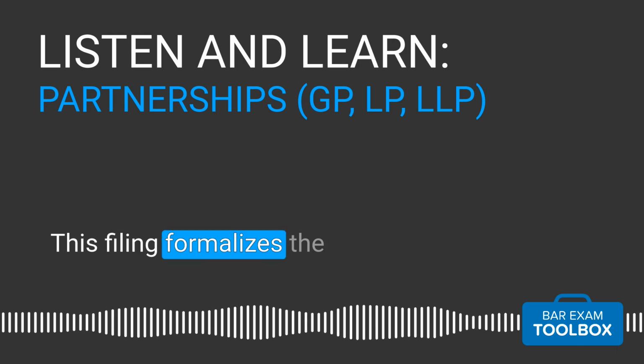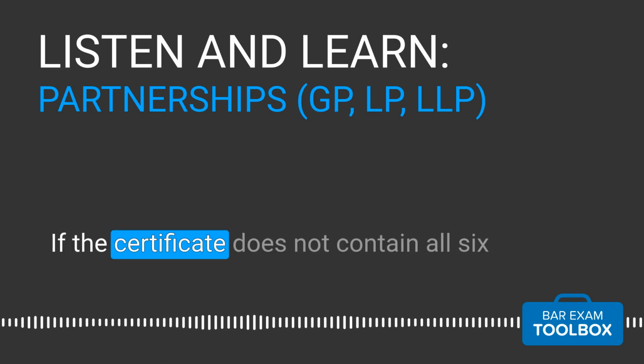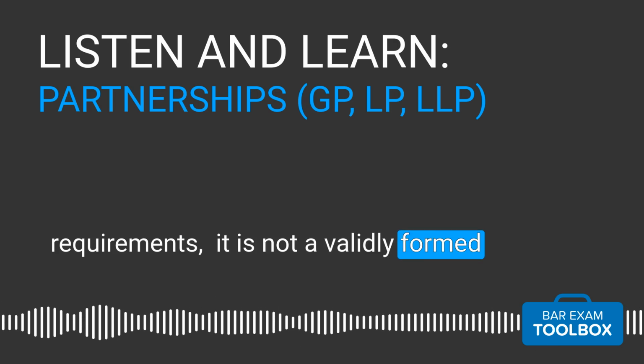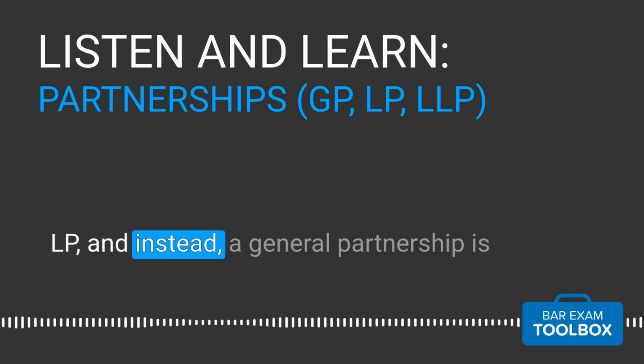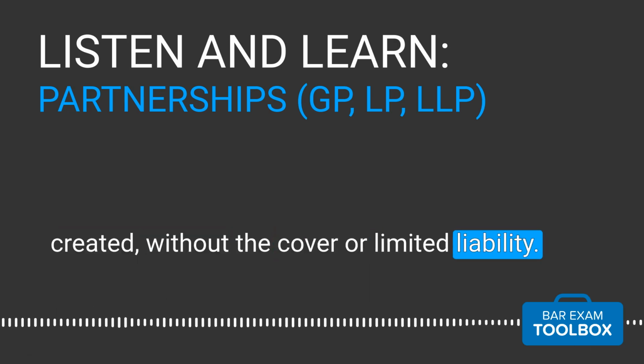This filing formalizes the partnership's existence and structure. If the certificate does not contain all 6 requirements, it is not a validly formed LP, and instead, a general partnership is created without the cover of limited liability.